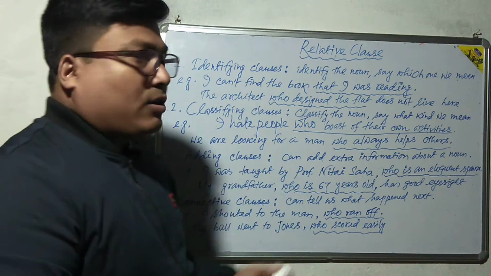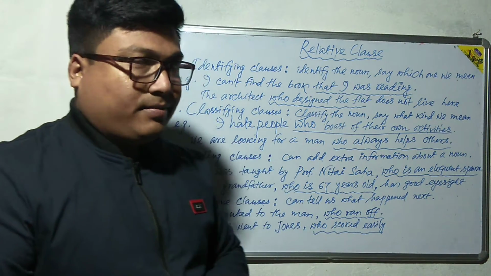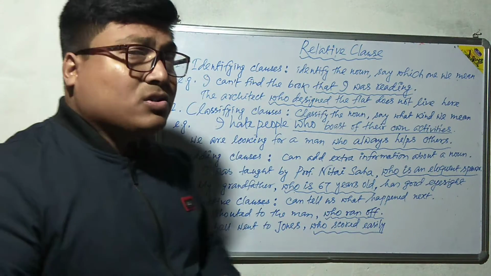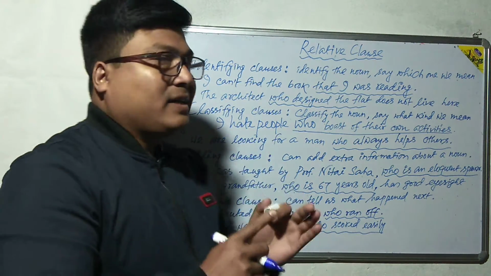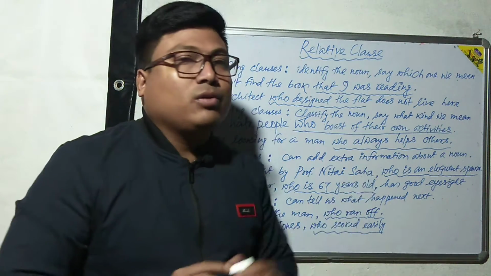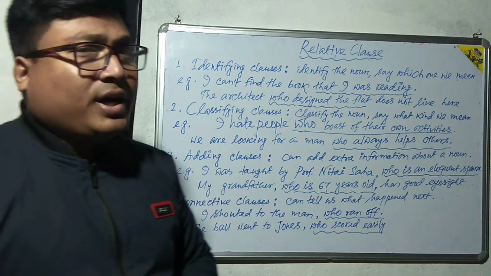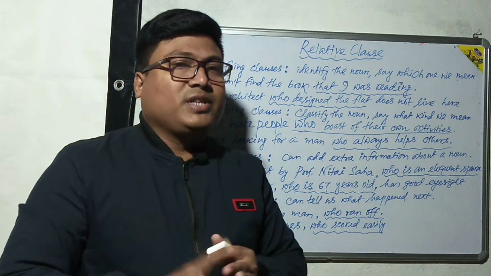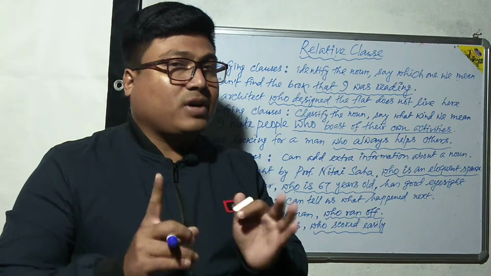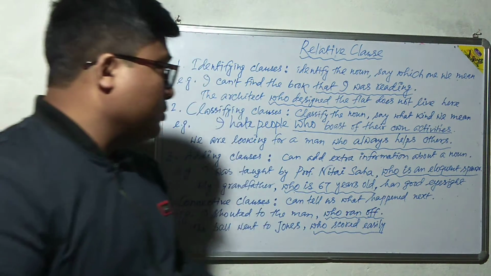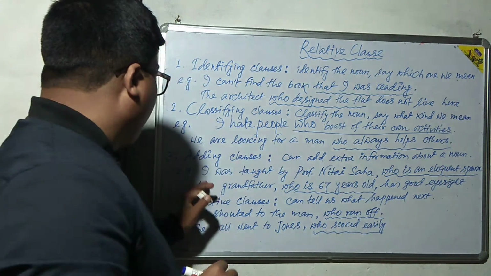Number 3, adding clauses or adding relative clauses. This clause simply helps us to add extra information about a noun. The function of this clause is to add extra or further information about the noun. Look at the example.